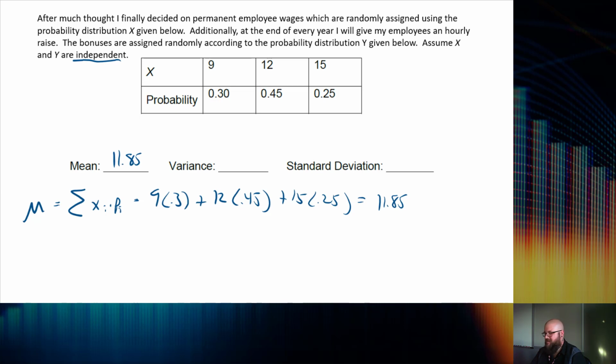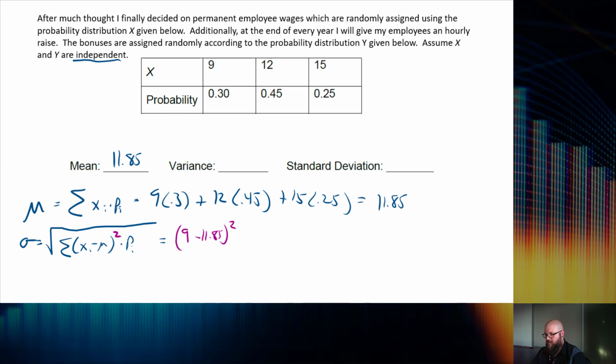Now let's find our standard deviation. For our standard deviation, remember that equation is the square root of the sum of x minus our mean, squared, times the probability. So we're going to have 9 minus 11.85, oh, forgot about squared.